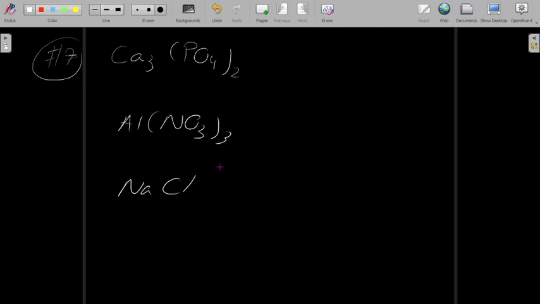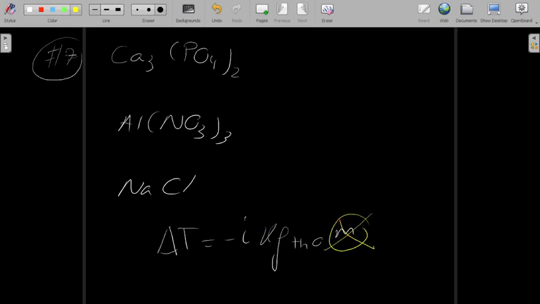It says, assume the molality of the solution is the same in each case. So they're saying that the molality is the same for everybody. This is not a factor. The Kf of water is the same for all 3 of them. So this is not a factor.